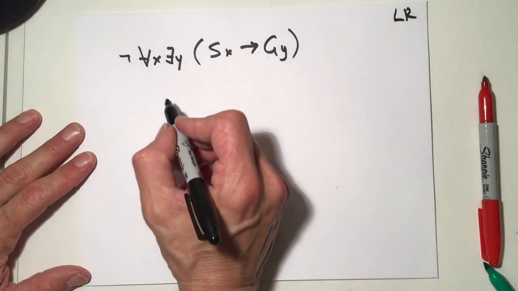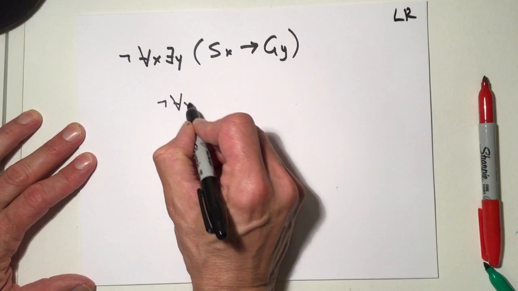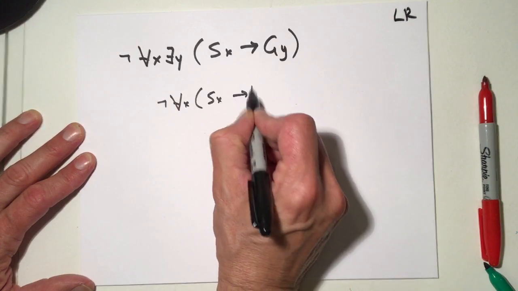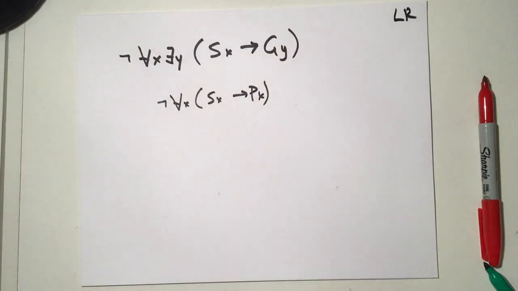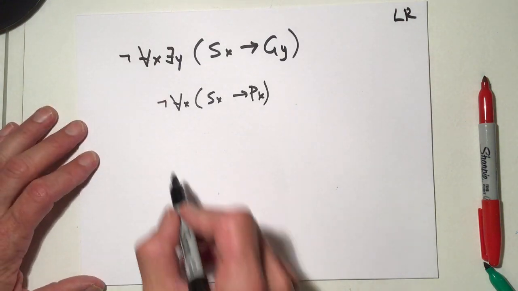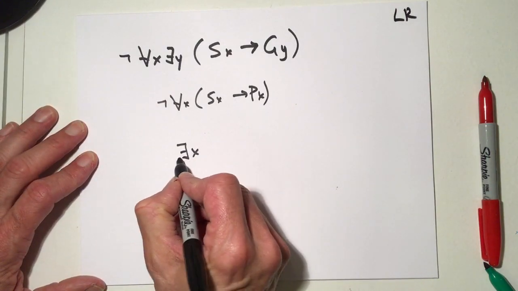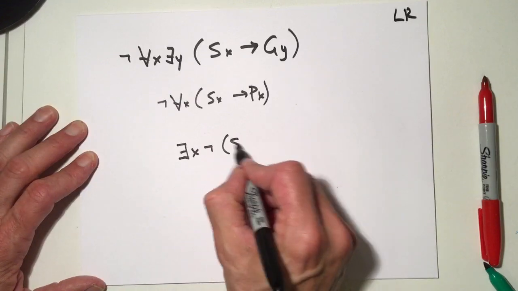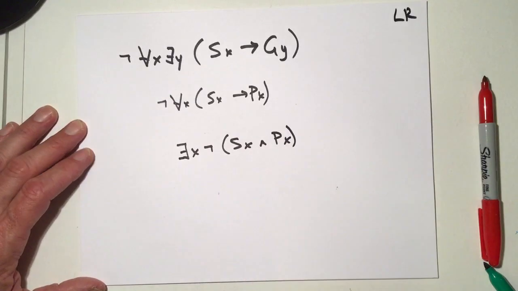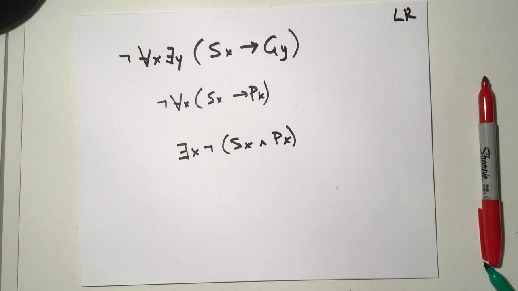Or maybe we have something a little simpler. Somebody just says, it's not the case that for all x, Sx, then Px. It's not the case that all scientists are philosophers. Or maybe somebody says something like, there is an x such that it's not the case that Sx and Px. Okay, let's identify the main logical connective in each of these three cases using our rule of thumb.